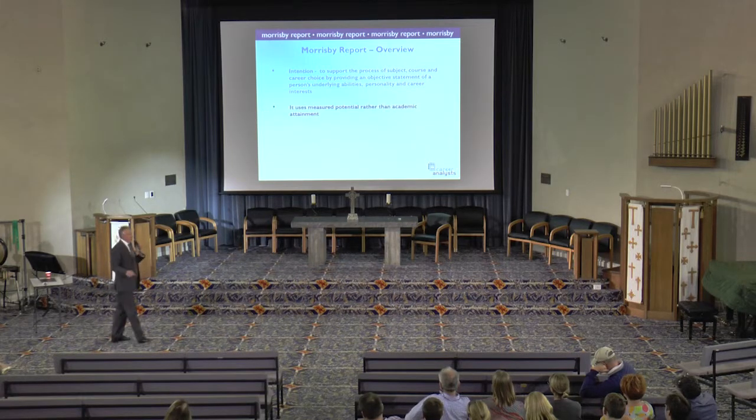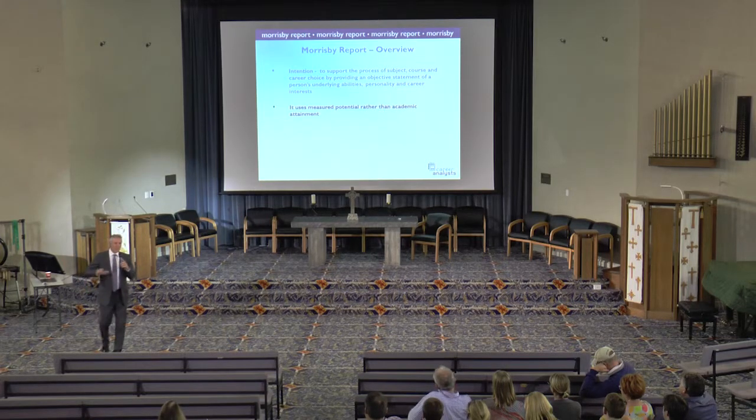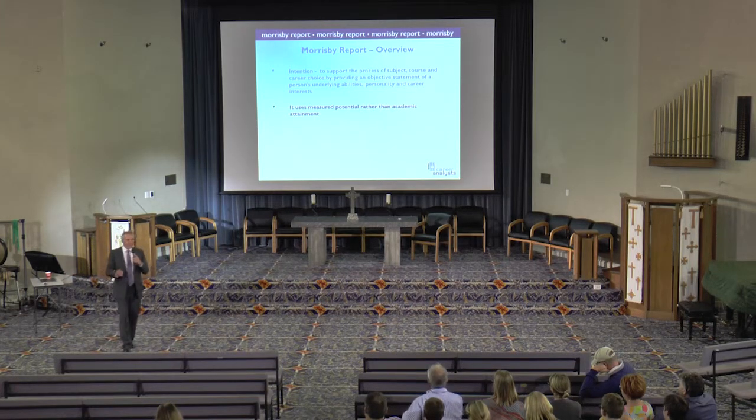And that means we can say this is looking at measured potential rather than academic attainment. And those two things don't relate particularly well together, depending on how much effort someone's willing to put in. Some people will really outperform measures of potential, and others will really underperform measures of potential.